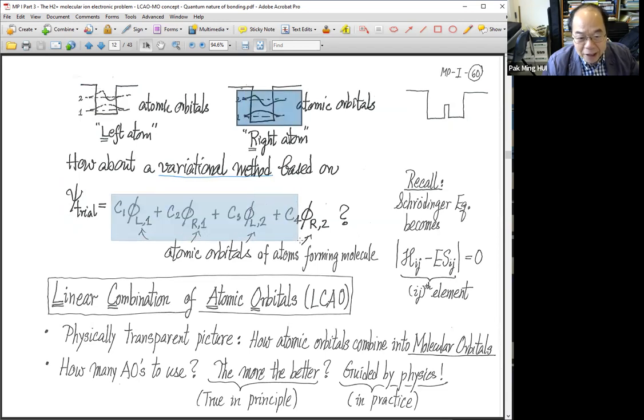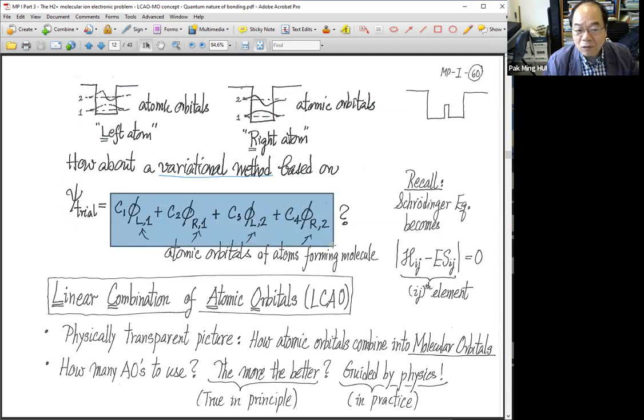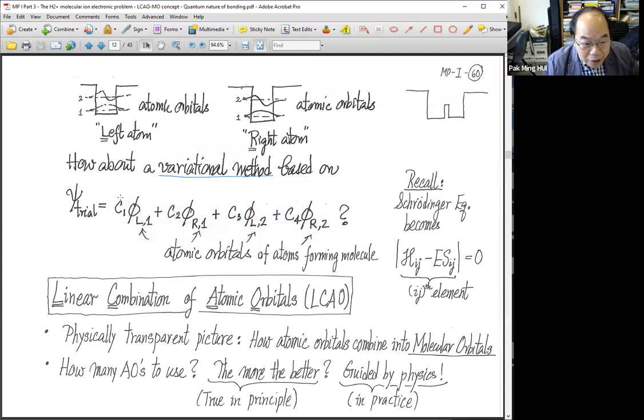Therefore, I write a linear combination of all these 4 atomic orbitals, left atom, right atom. Now I'm using these 4 coefficients as variational parameters.